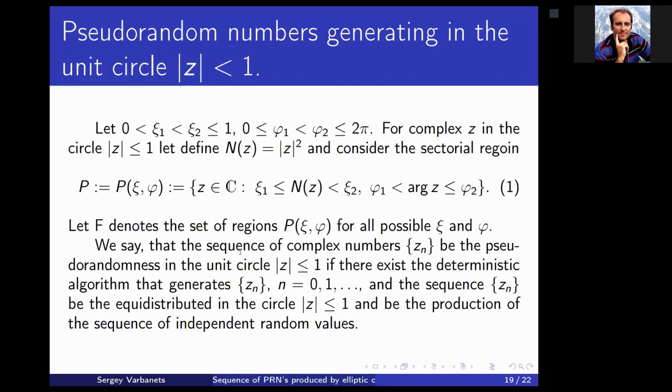We say that the sequence of complex numbers Z_n is pseudorandom in the unit circle if there exists a deterministic algorithm that generates such sequences, and such sequences are equidistributed in the unit circle and behave like the production of a sequence of independent random values.